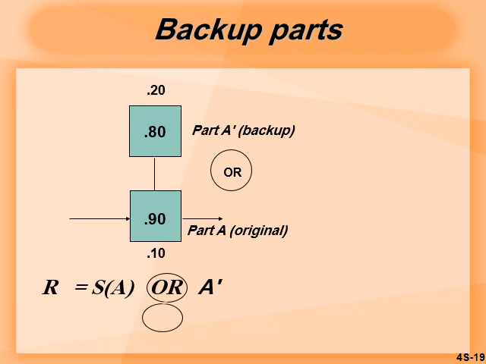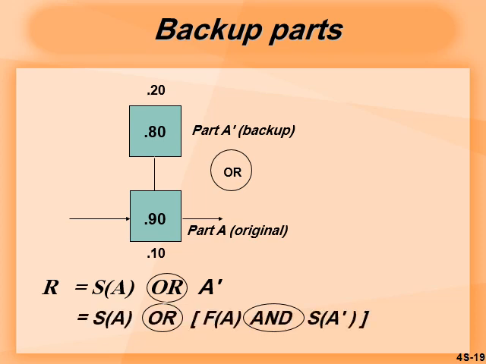So this means that the second bracket for A prime consists of two events. Firstly, we must have a failure of the original A, and at the same time success of A prime. So we have success of A, or for A prime, failure of the original A and at the same time success of A prime, or success of the backup.